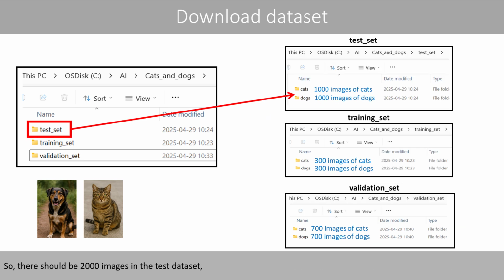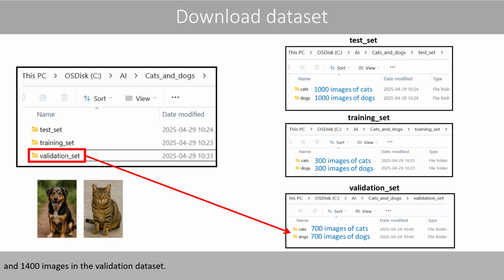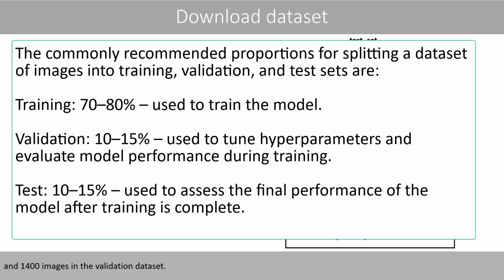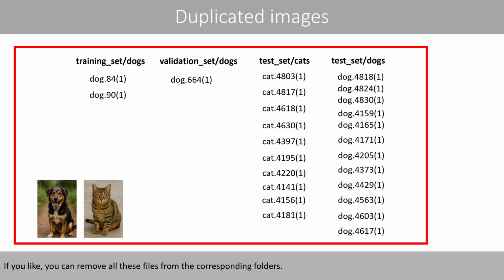So there should be 2000 images in the test dataset, 600 images in the training dataset, and 1400 images in the validation dataset. If you see files that end with the following characters, it means that there are some duplicates. If you like, you can remove all these files from the corresponding folders.